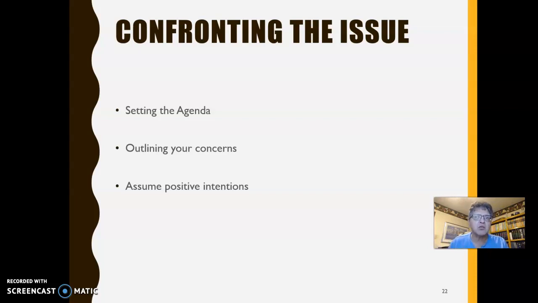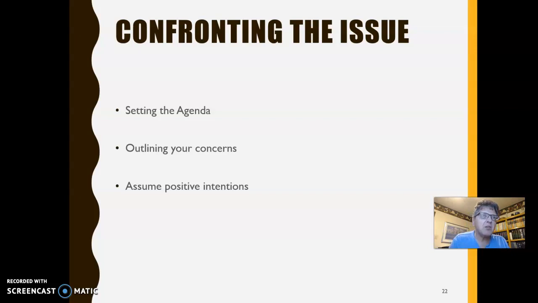So setting the agenda is going to the other person and saying, "Hey, I have an issue. This is the issue over whatever happened, and I really want to talk to you about it." And asking them, "Is this a good time? If this isn't a good time, can we talk about it later?" And setting up a time and place.